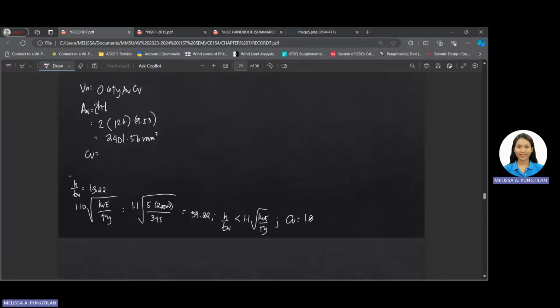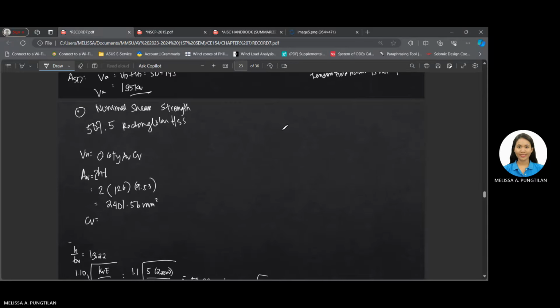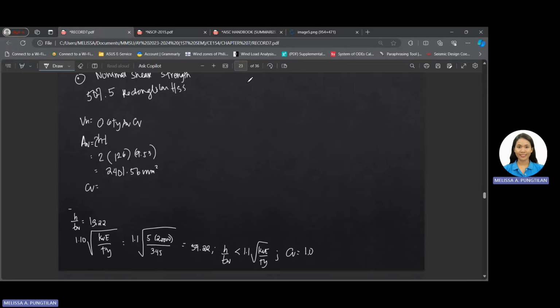So, time to substitute. Okay. Therefore, Vn is equal to 0.6 of 345 multiplied by 2401.56 by 1.0. Ito na yun. Tinuloy ko na dito. So, Vn or the nominal shear strength is equal to 497.12 kilonewton.